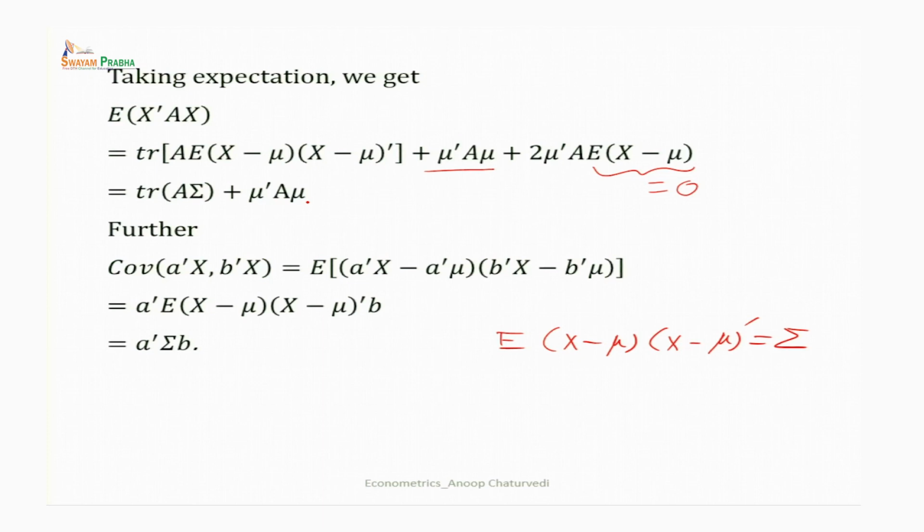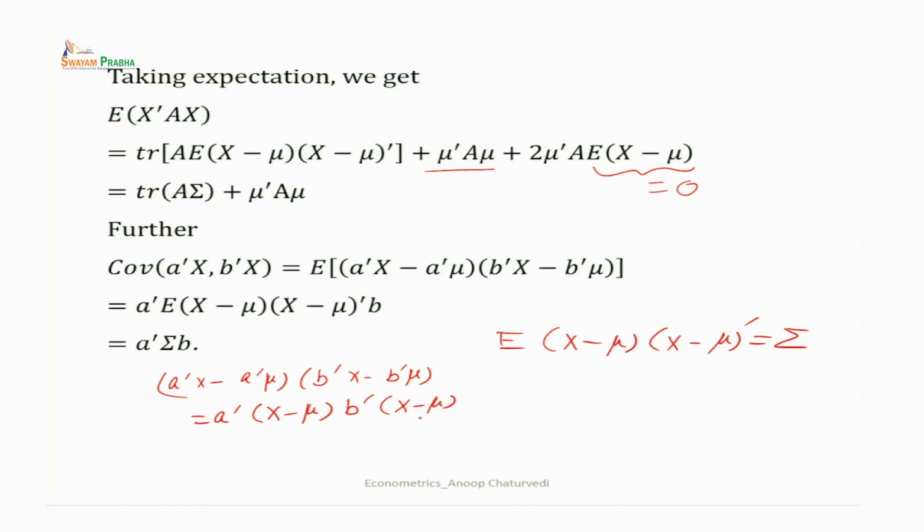Further, if you have two linear combinations, say a transpose x and b transpose x, then covariance of a transpose x and b transpose x is equal to expectation of (a transpose x minus a transpose mu)(b transpose x minus b transpose mu), which we write as a transpose (x minus mu) times b transpose (x minus mu).